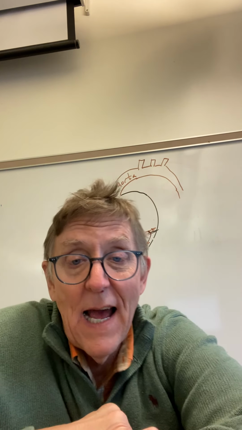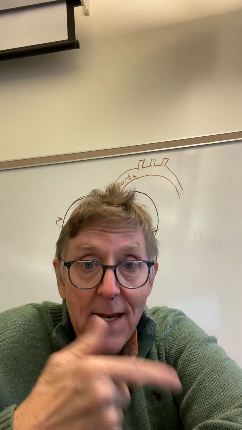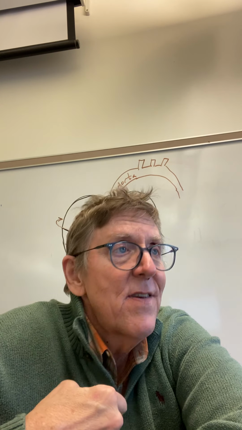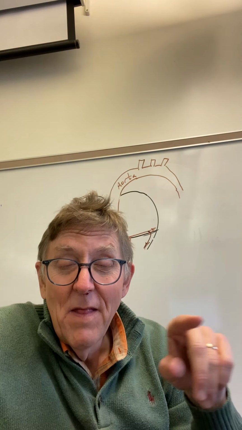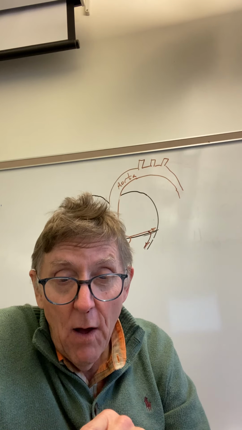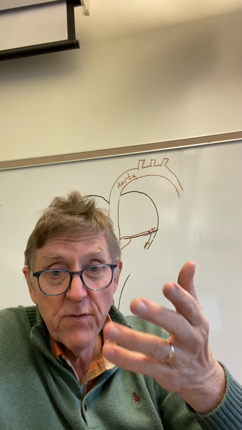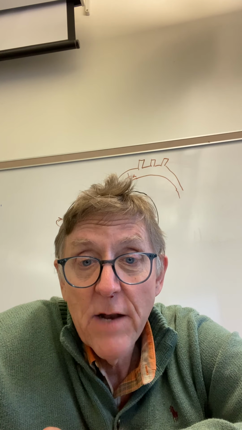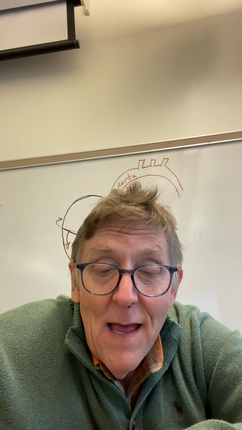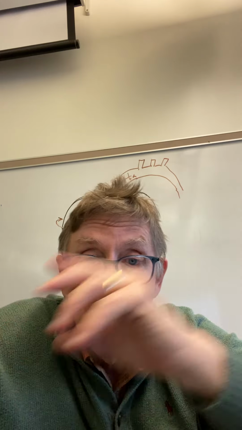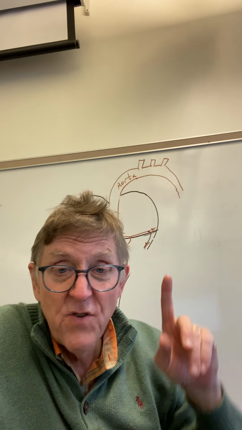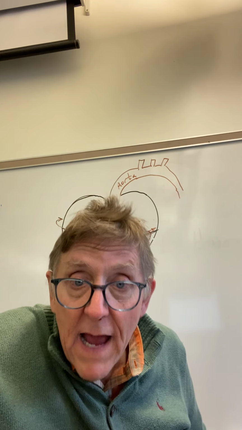Okay, so slide 13 is the next step in the process. We said the atrioventricular valves, the tricuspid and bicuspid between the atria and the ventricles, hence the name atrioventricular, close because you don't want the blood going the wrong direction.